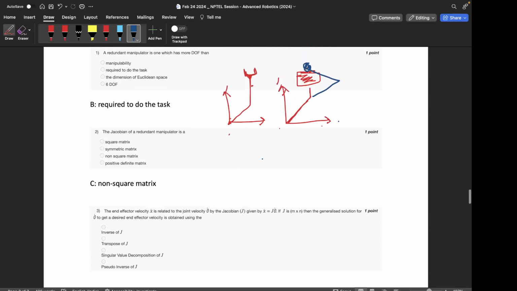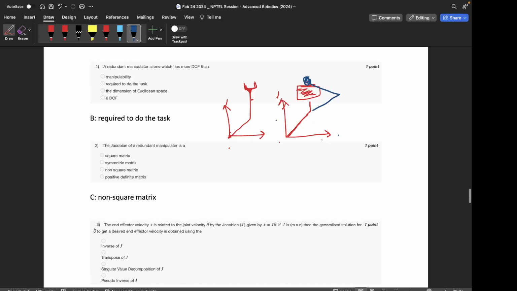So were you able to listen to the discussion on the redundant manipulators and what benefit does redundancy have? Okay.